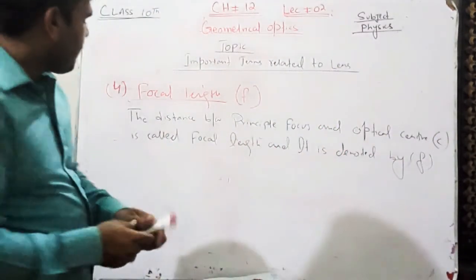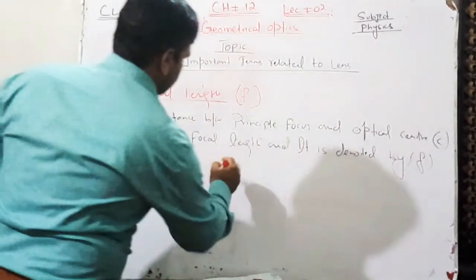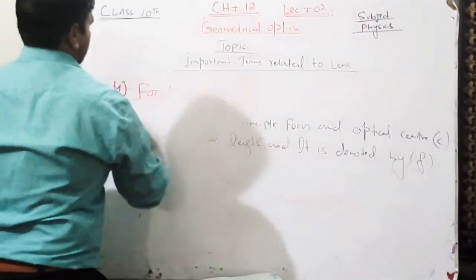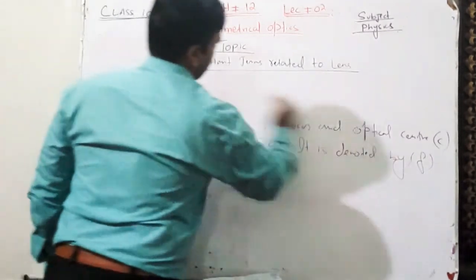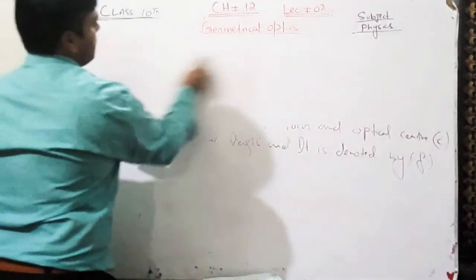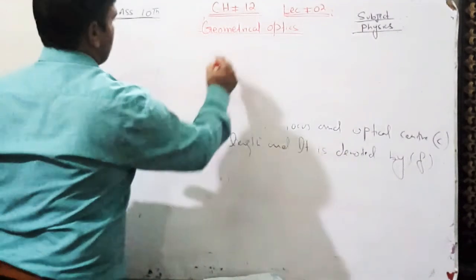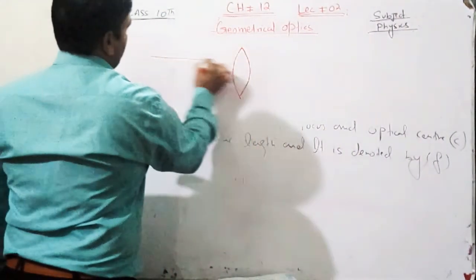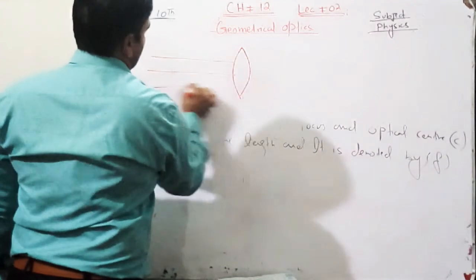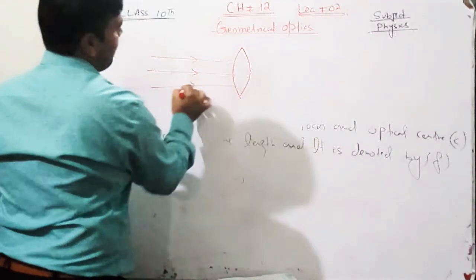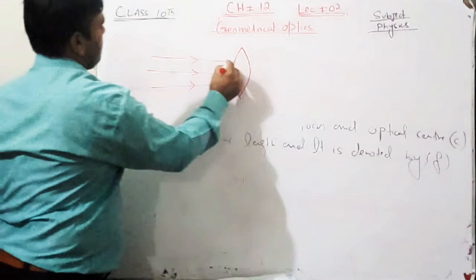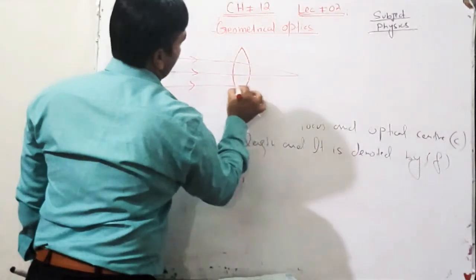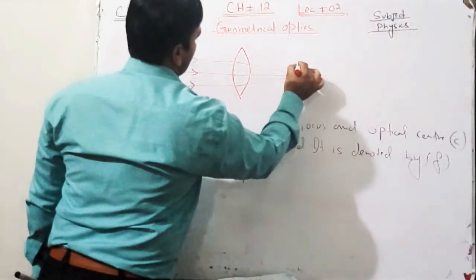If I draw the diagram, then we can see that these are parallel rays of light. After refraction, they meet on a single point, which is called principal focus.